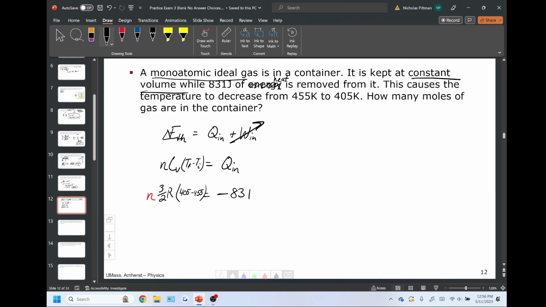So I can move all this stuff over to the other side. And if you compute this number and then divide negative 831 by it, you get N equals 1.33 moles.